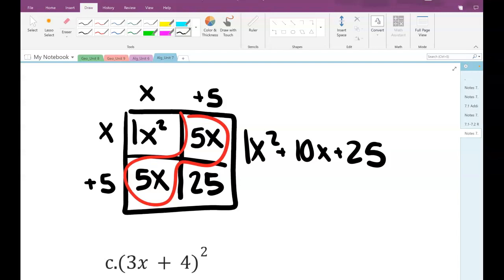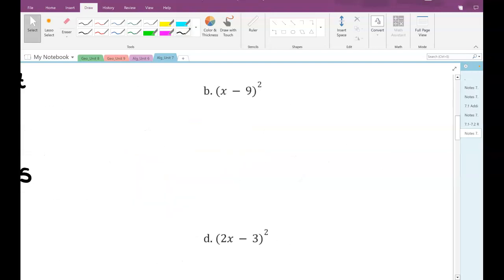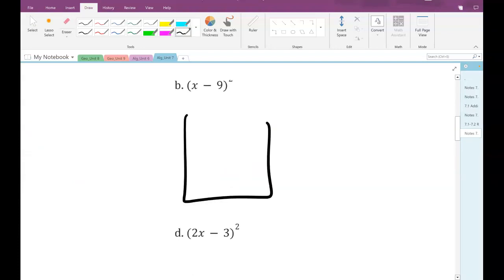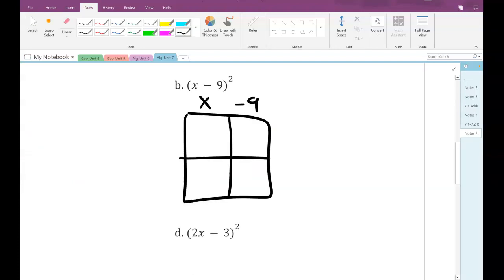So set up your box. You have to make sure when you're multiplying a negative by a negative, it becomes a positive. And when you're multiplying a negative by a positive, it stays negative. So again, we could have x squared, negative 9x, negative 9x, and then a positive 81.